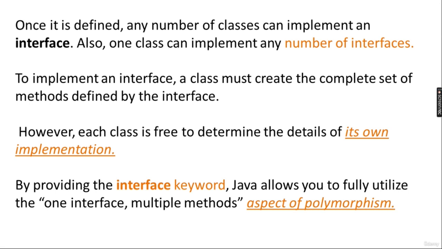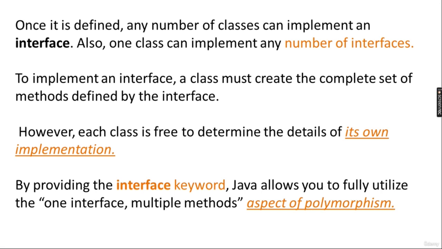But whatever they write in the definition of a method depends upon that class. Each class is free to decide what to write to perform the operation for that particular method.